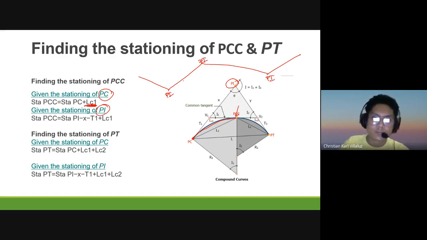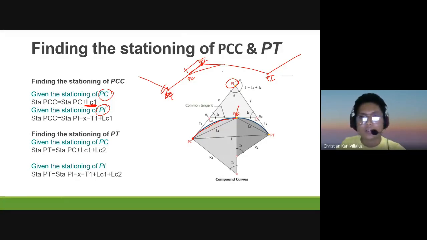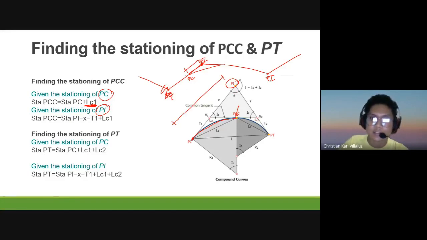So kung may point of intersection na tayo at mag-i-introduce ka na ng curve, edi yung pathway na to, hindi na to yung talagang roadway. Itong straight line from the PC to PI. So hindi siya roadway. So, ang kailangan nating stationing ay galing sa PC papunta dun sa PT.